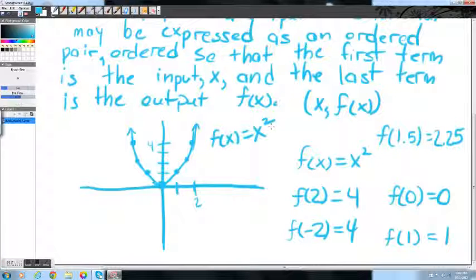We were able to ascertain this after graphing 7 points: f at 2, f at -2, f at 0, f at 1, f at -1, and f at -1.5.